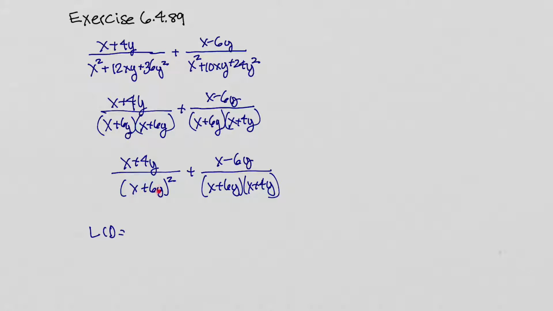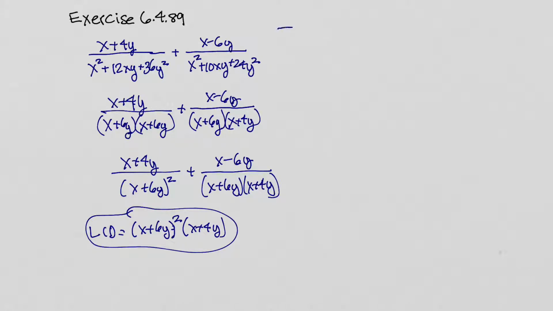So we're going to have x plus 6y, it appears to the second power here. X plus 6y is just to the first power here. So we use the factor with the higher power. So let's use x plus 6y squared. And now there's also this x plus 4y. So we want to include that one too. So we'll get x plus 4y. And there's our LCD.